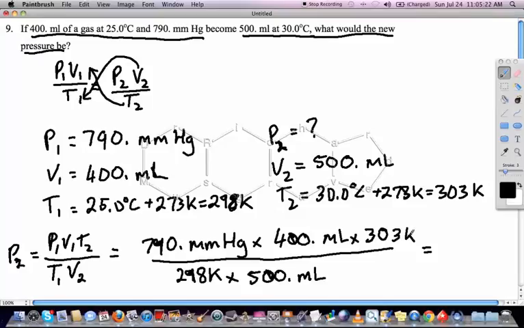And the final answer there comes out to 643 millimeters of mercury.